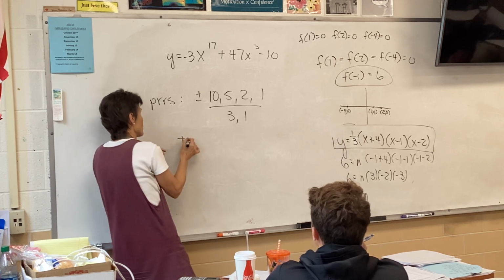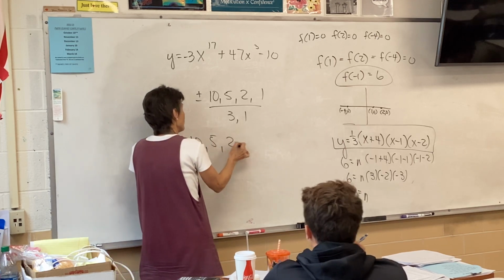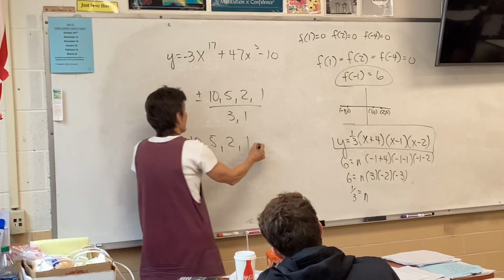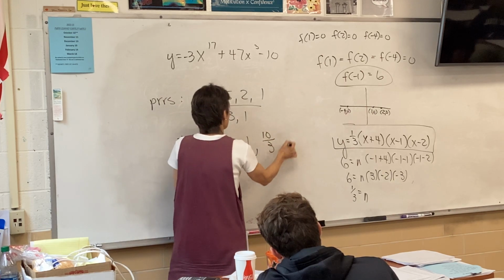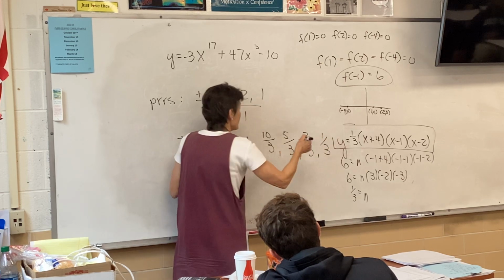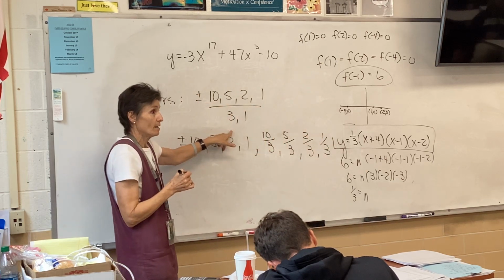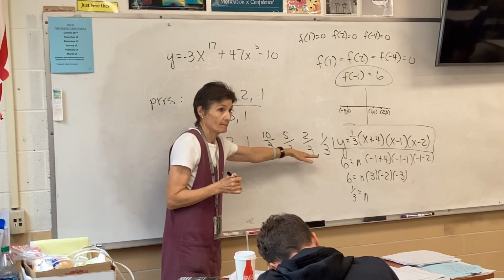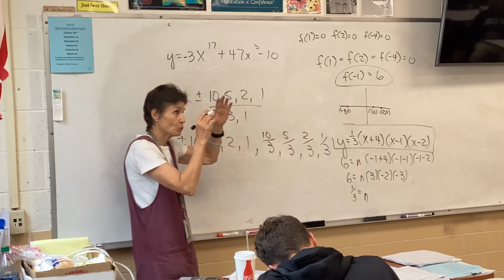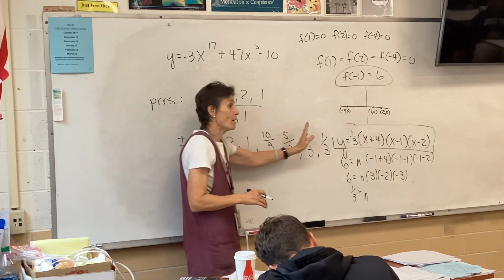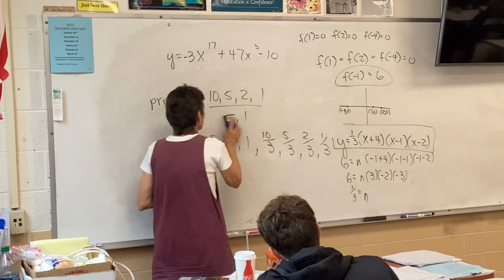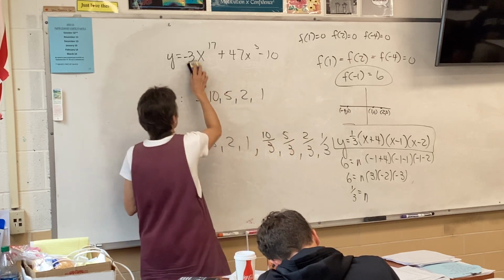The list would be 10, 5, 2, and 1 over 1, and then 10, 5, 2, and 1 over 3. There is the list. So if you are specifically asked to list, make sure you have a list. Ours, we didn't really need to worry about it because we had nothing in the bottom.